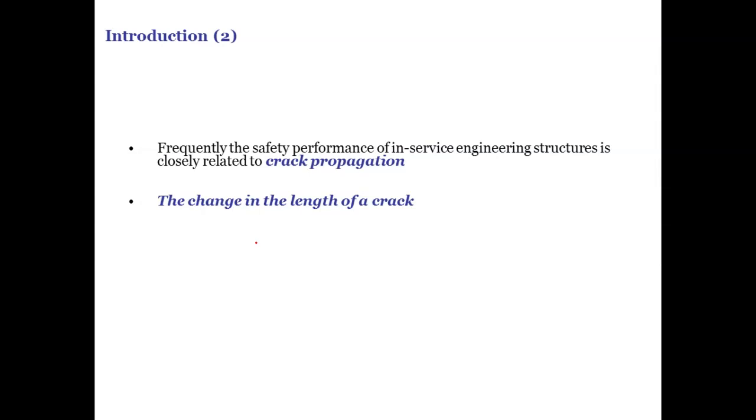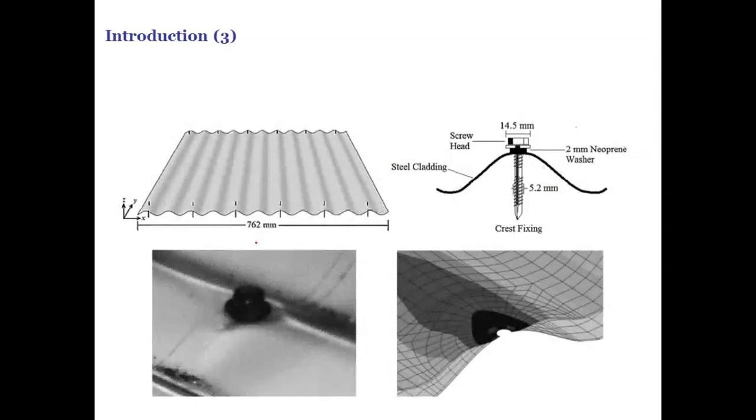Essentially, we're going to predict the remaining service life of a structure. This kind of question can typically be performed based on fracture mechanics knowledge. This is because on many occasions, we can identify crack propagation in a civil structure. This is an example. Here we have this kind of roof cladding.